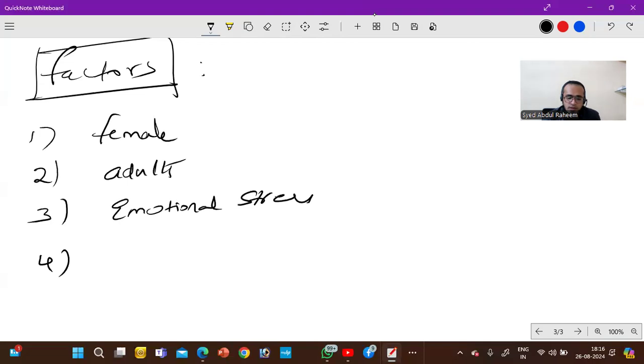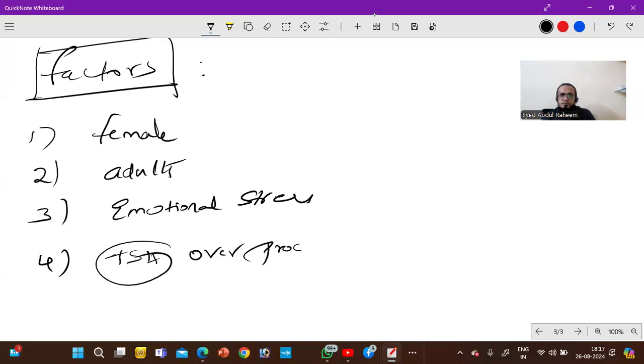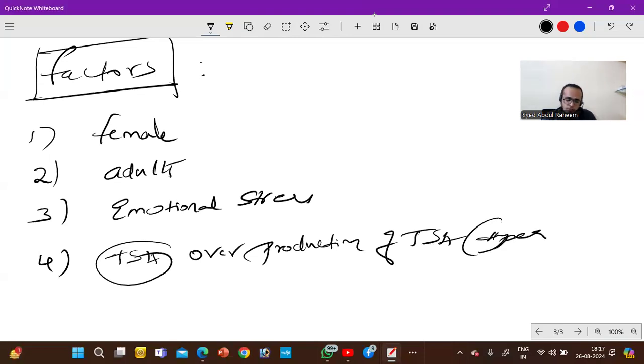And over functioning of the pituitary gland, because the pituitary gland stimulates the thyroid gland with the help of TSH. So overproduction of TSH due to hyperpituitarism is also one of the causes.